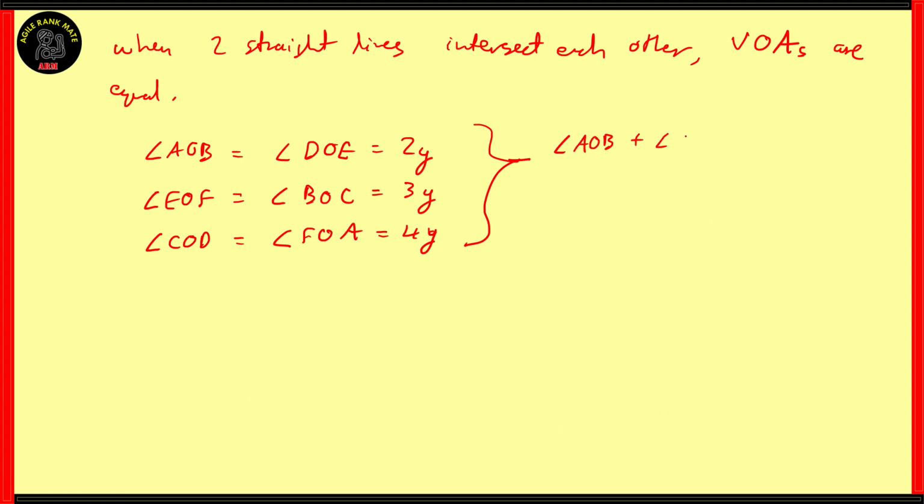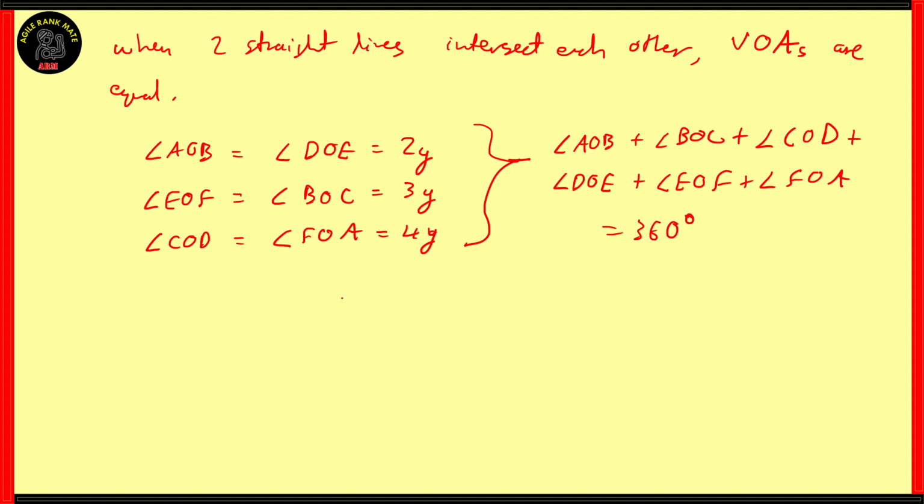Angle AOB plus angle BOC plus angle COD plus angle DOE plus angle EOF plus angle FOA is equal to 360 degrees. Now we can substitute those values. AOB is 2y, BOC is 3y, COD is 4y, DOE is 2y again, EOF is 3y, and FOA is 4y. And that is equal to 360 degrees.